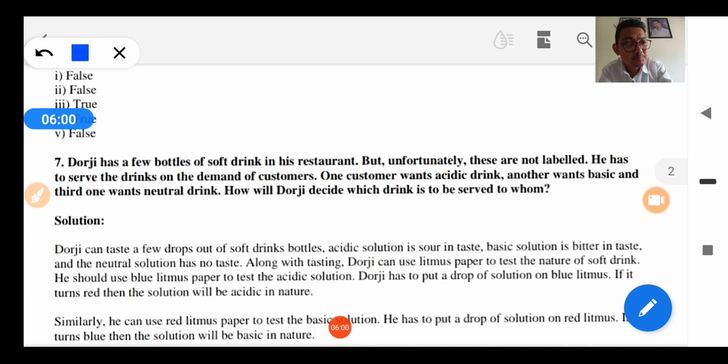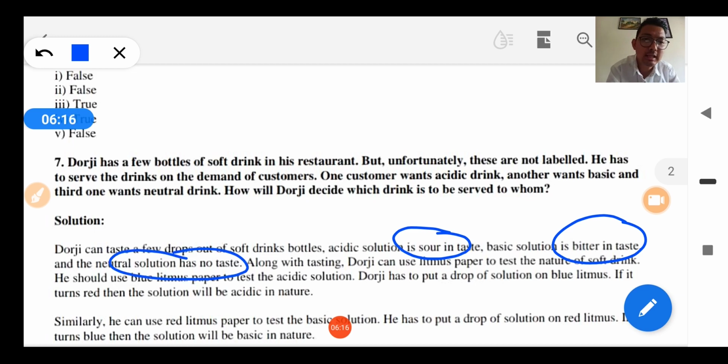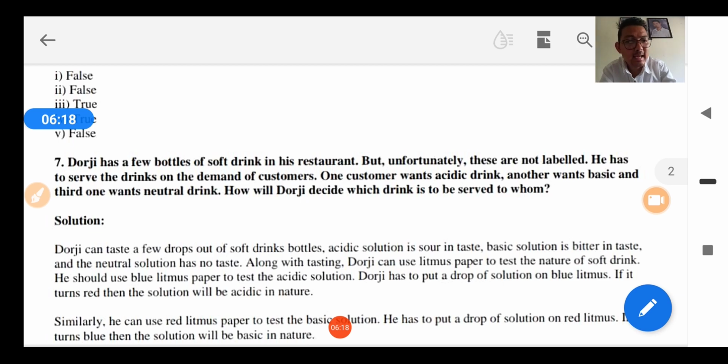If the taste of the cold drink is sour, it means it is an acidic solution. If the taste is slightly bitter, it means it is a basic solution. And a neutral solution has no taste. And the second technique that Dorje can apply is to make use of litmus paper to test the nature of the soft drink.